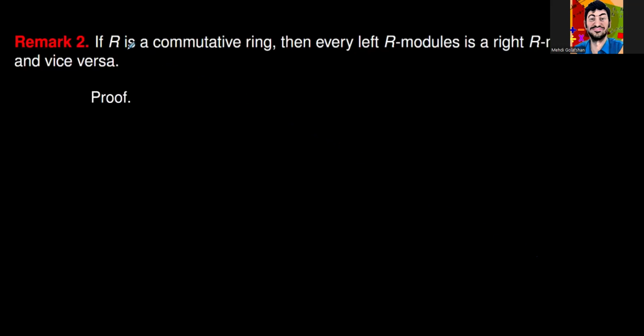We want to consider that R is a commutative ring and we have a module M that is a left R module, and we want to prove that it is also a right R module. After that, in the other direction, we consider R a commutative ring and M a right R module, and we want to prove that it is also a left R module.